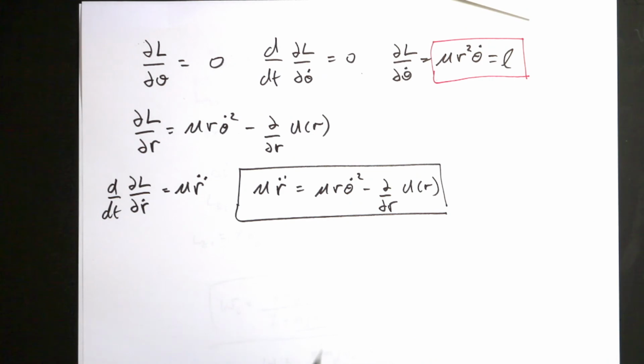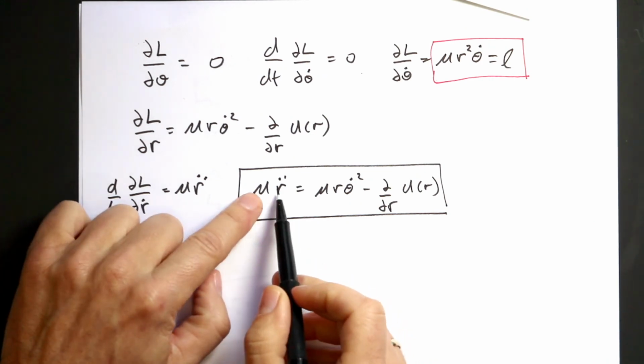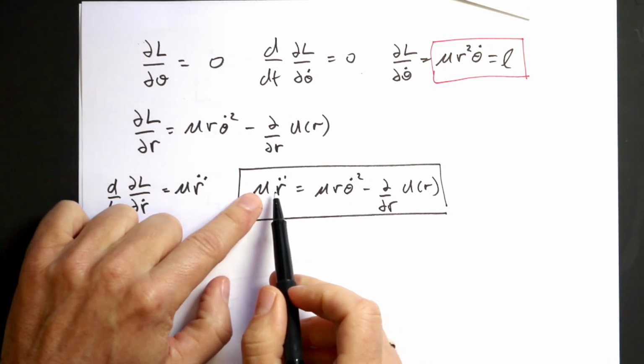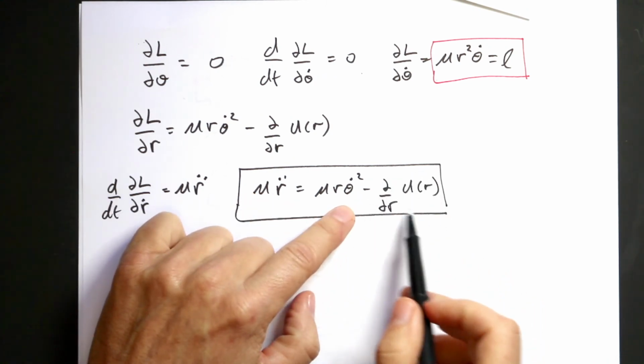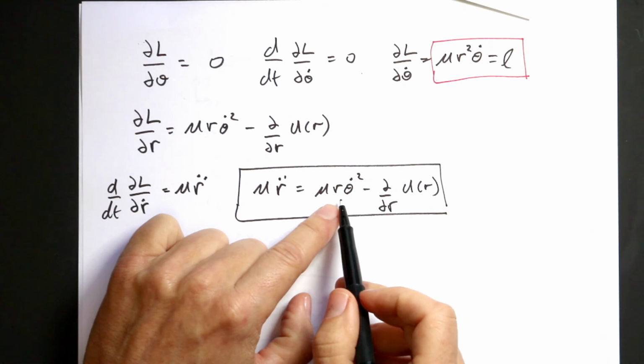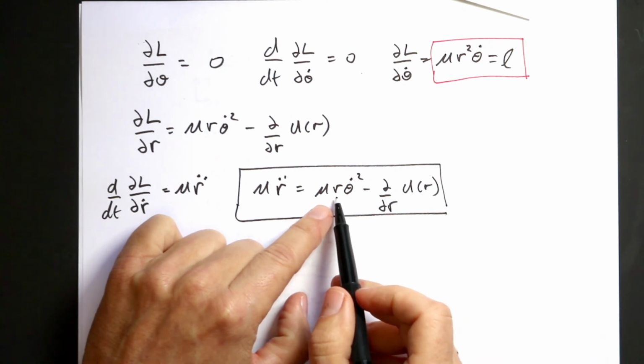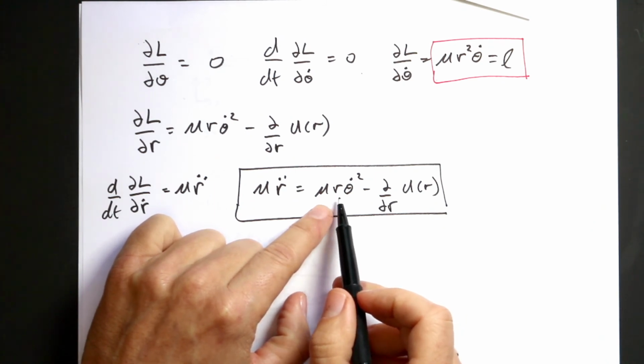So we can think about this as mass times acceleration in the r direction. If that's the case, then this would be the real force, and this would be a fake force, right? This is the force that makes it act like it's in a circle. Does that make sense? In fact, we can even solve for theta dot.